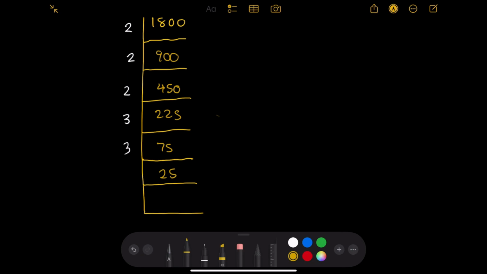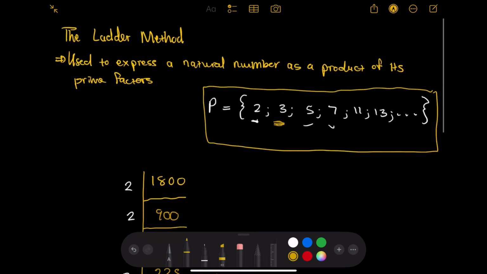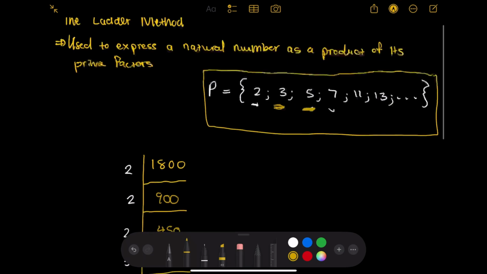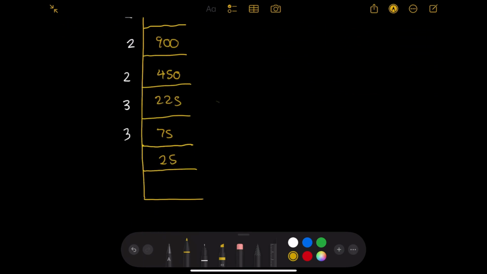25. Then I have to ask myself, if I take 25 divided by 3, will it give me a number without a remainder? The answer is no. Therefore, I have to go to my next prime factor. And what is that next prime factor? It is 5. Then what is 25 divided by 5? It gives me 5, right?